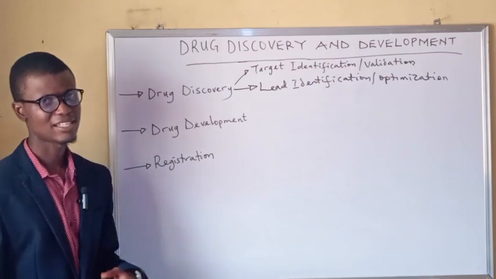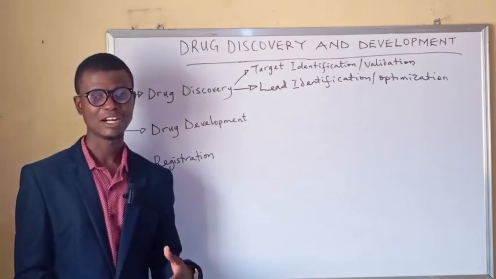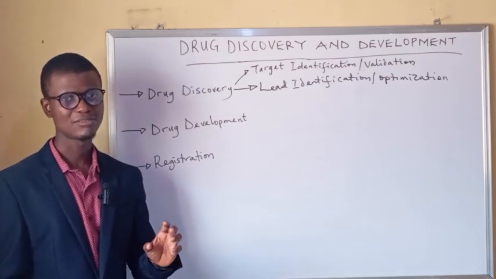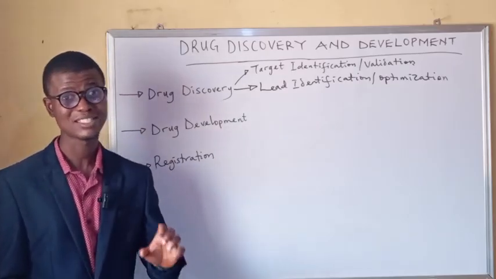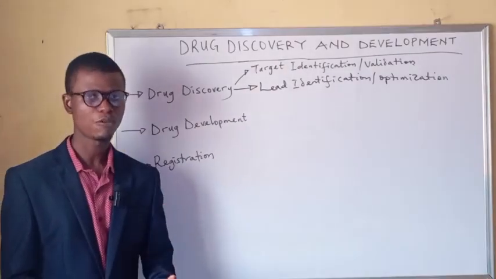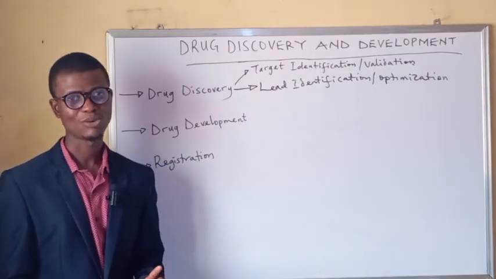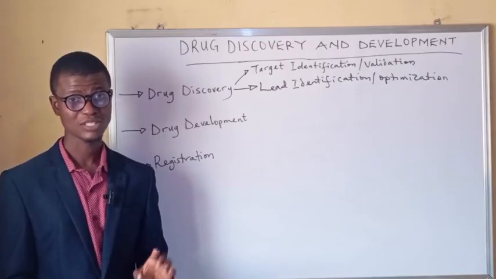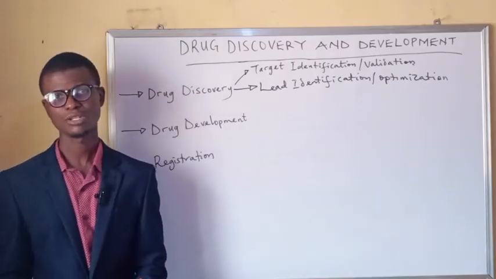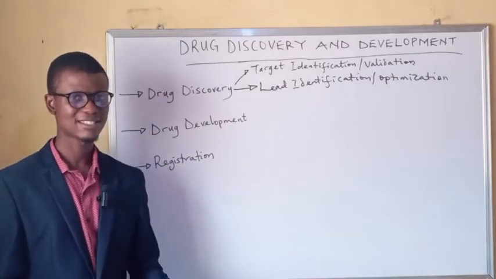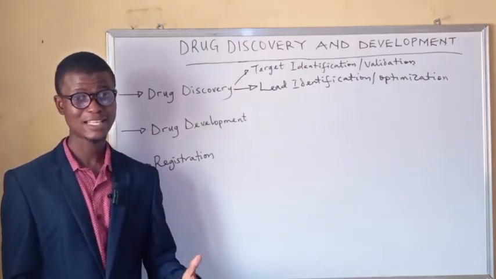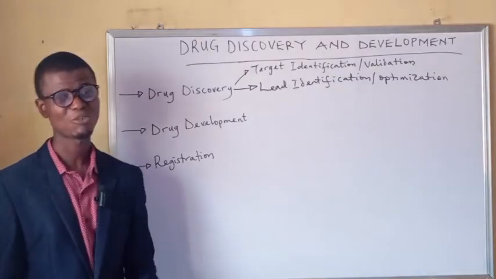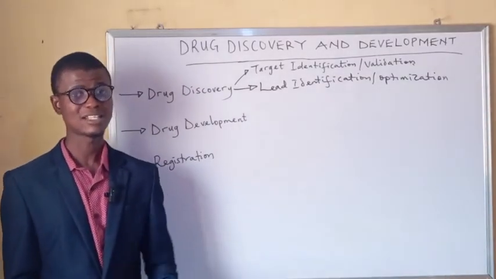Because just as I said, the ability of a lead compound to interact with the target is not enough when it comes to drug discovery to say it is an ultimate drug, until we are able to also assess the journey, because the lead compound is not going to fly to the target. It has to go through a number of barriers within the human system.